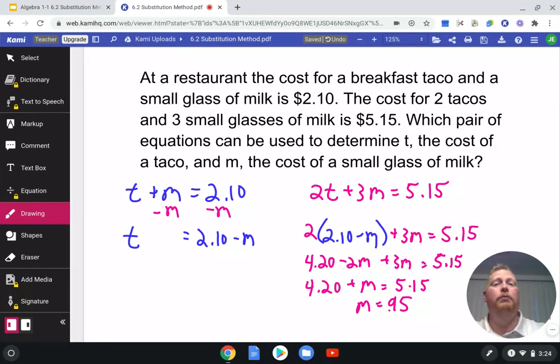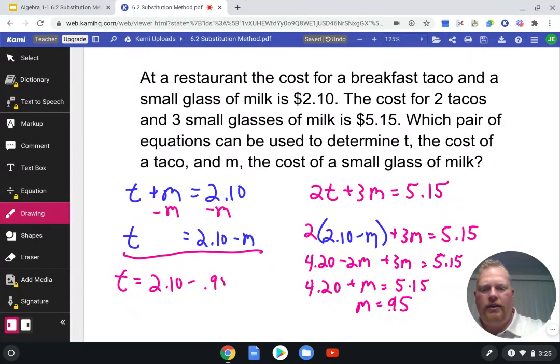So let's take that and let's plug it into one of our original equations, or we can use this right here. And I think that looks real easy. So T equals 210 minus 95. And I get T equals 115. So that means each taco costs $1.15.